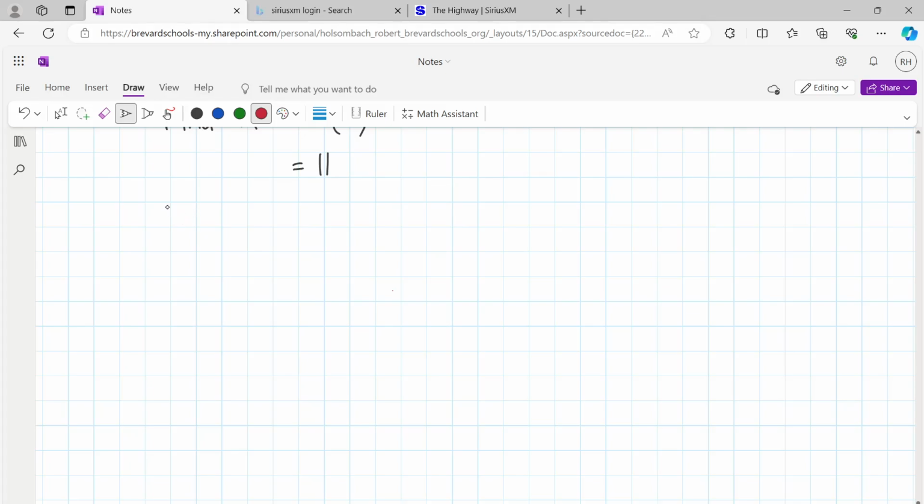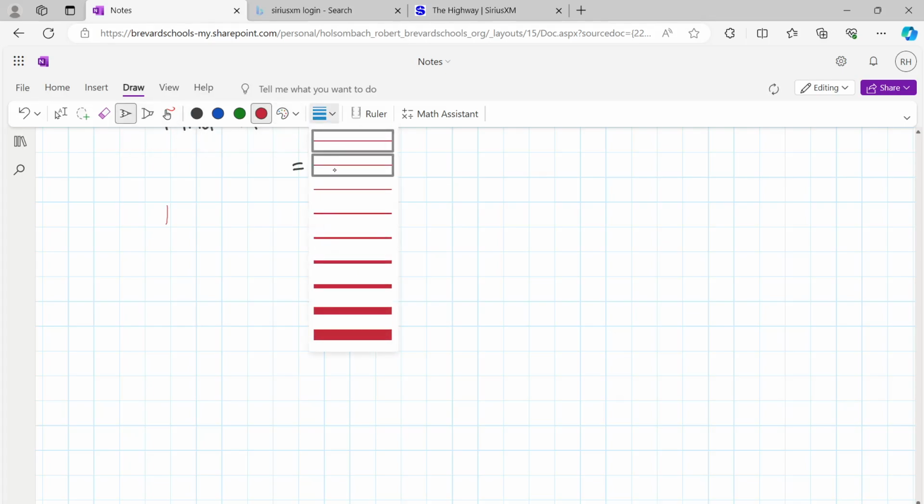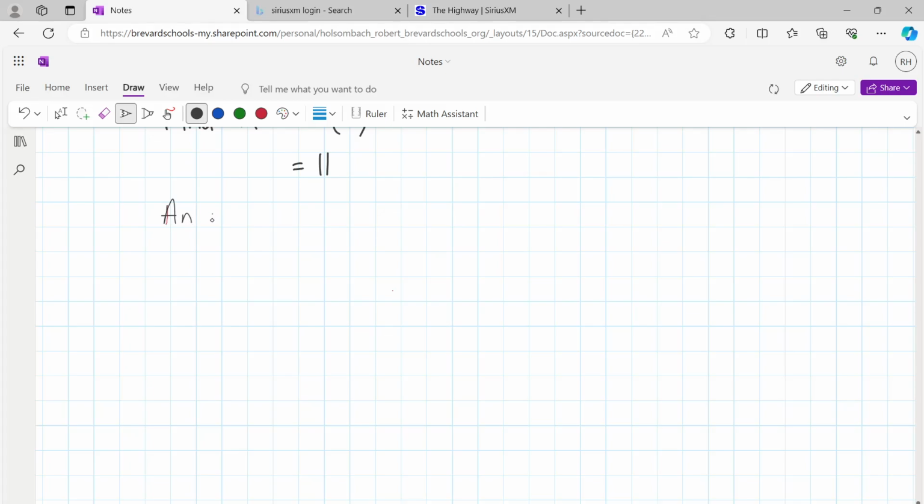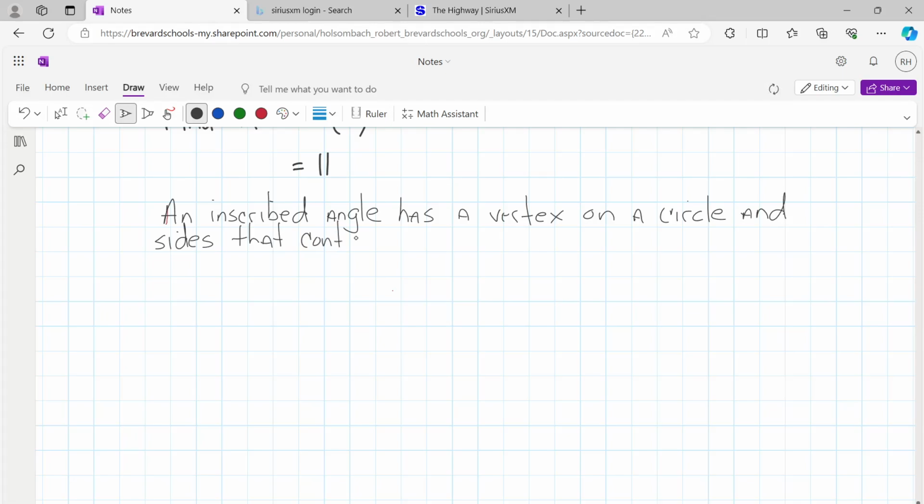And we can say that an inscribed angle has a vertex on a circle and sides that contain chords of the circle.